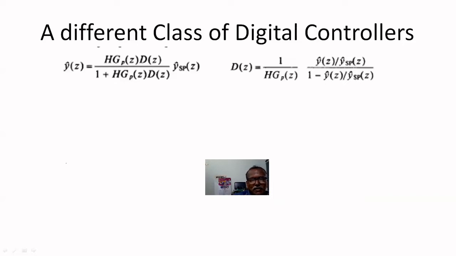Different classes of digital controllers. Now we have analyzed the closed loop response of the digital control system. Now let us see how to design different classes of digital controllers. Among analog controllers, we have seen one, the PID controller.